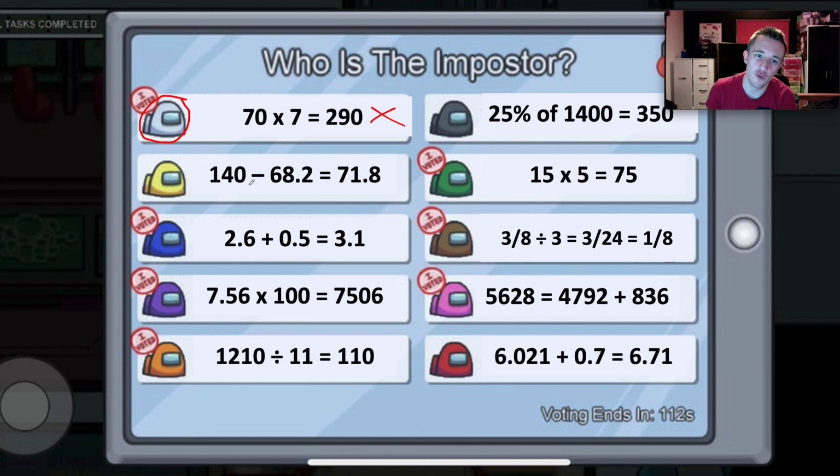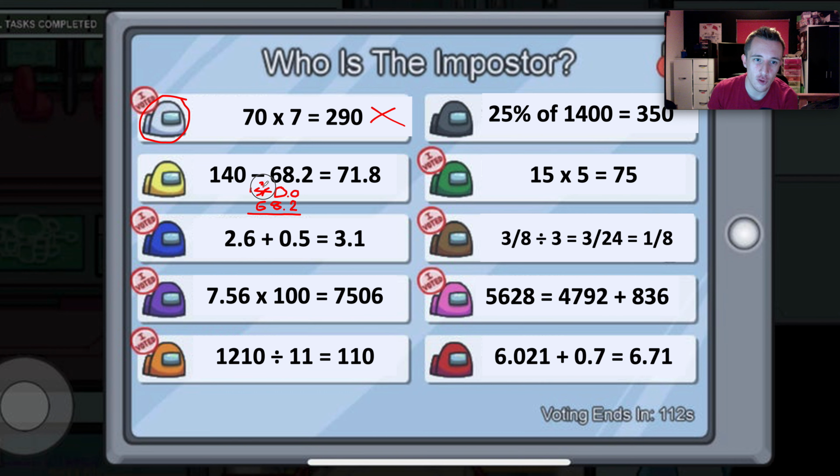The next one, 140 take away 68.2. Okay, so if I very quickly attempt to draw that. Now, the important thing here is we need to invent a placeholder. And now we're going to do 0 take away 2. Well, we can't do that. So we're going to borrow all the way over from the 4.